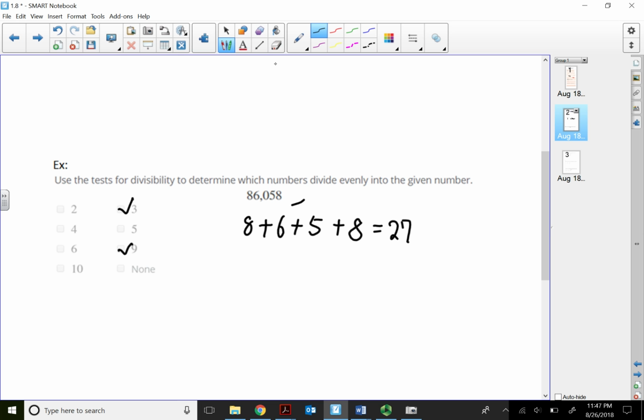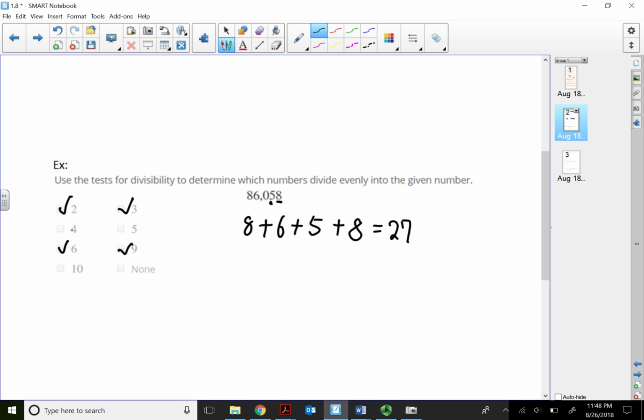Check. All right, 2. 2 can always go into numbers ending in 0, 2, 4, 6, or 8, which is the 8 right here. So check. If 2 and 3 can go into this big old number, that means 6 can go into it. Check.